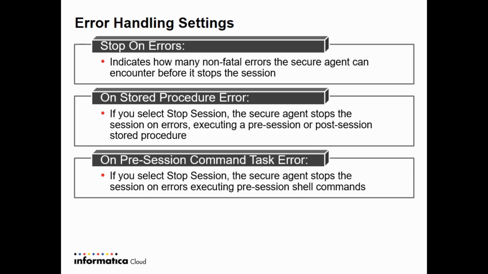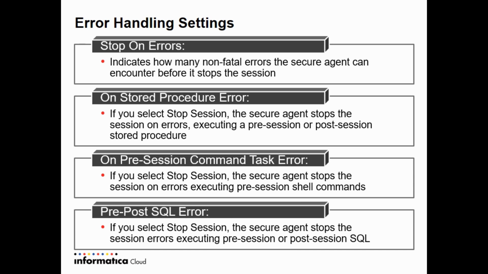On a pre-session command task error, if you select the option, secure agent stops the session on errors while executing pre-session shell commands. The pre-post SQL error, when selected, makes the secure agent stop the session on errors while executing pre-session or post-session SQL.